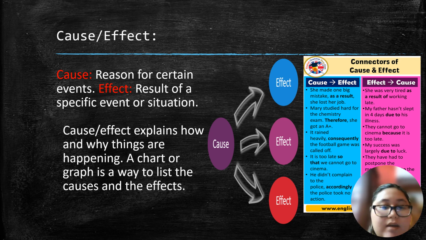You write the cause and then all the effects that followed because of the cause. And here are examples of cause and effect. Take a minute to read them. Okay, we will be moving on to the next slide.